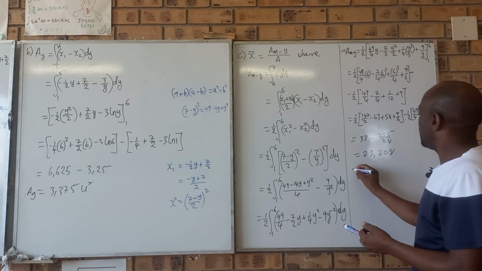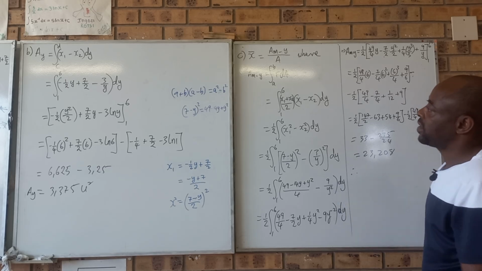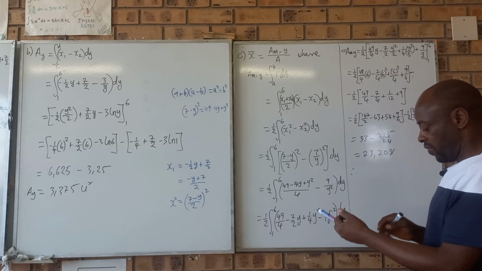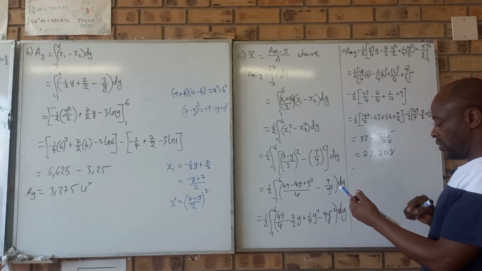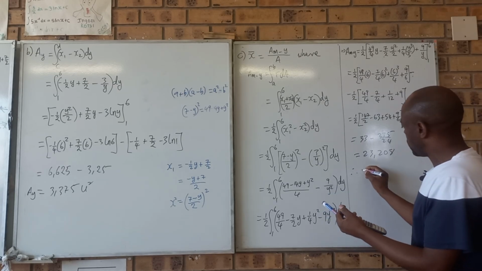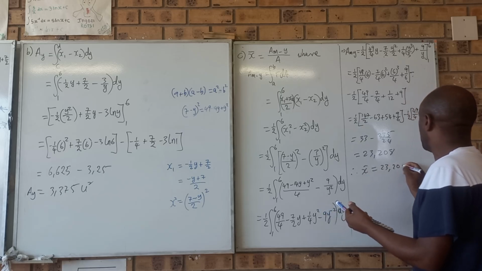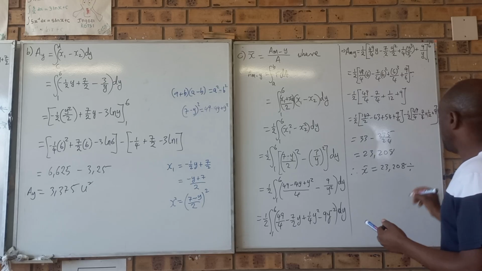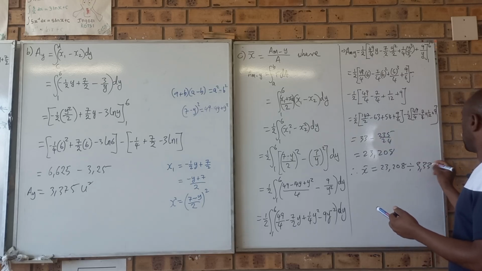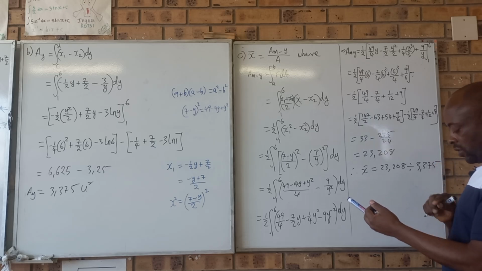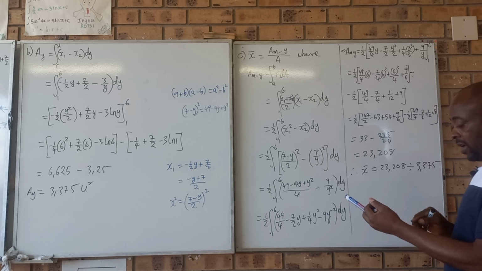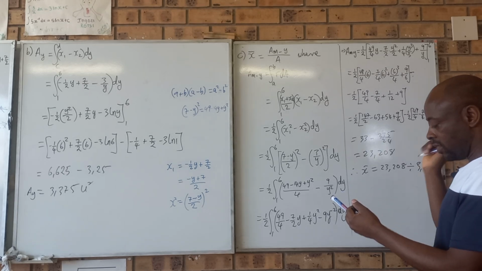So therefore my centroid will therefore be x bar being 23,208 divided by 3,375. So I'm going to do that division, 3,375, to see if it takes me to the same result.